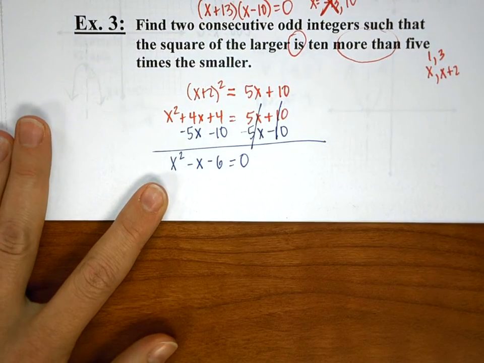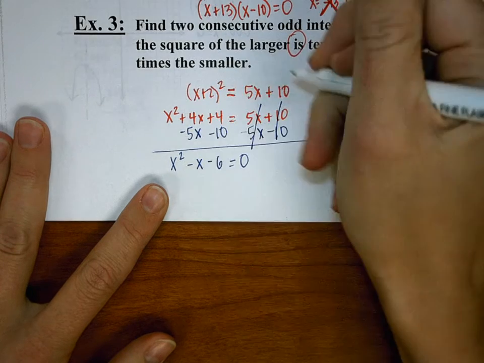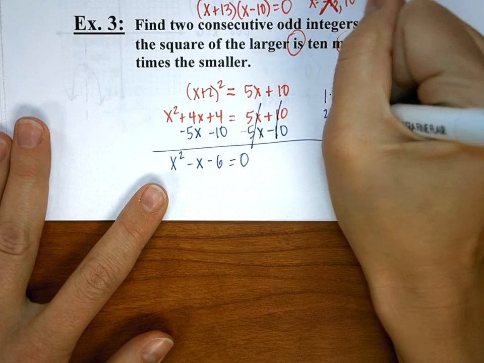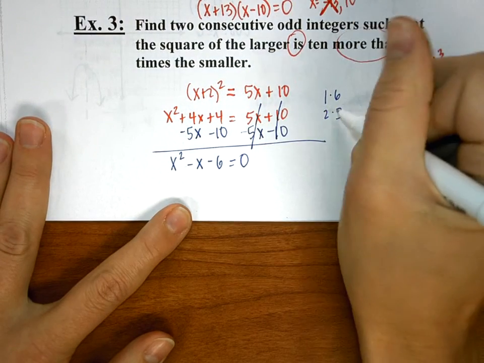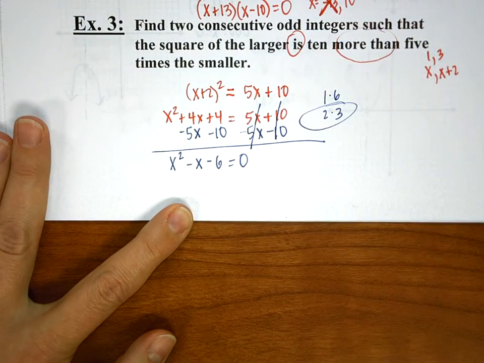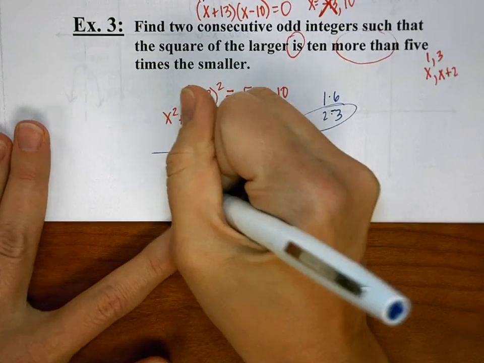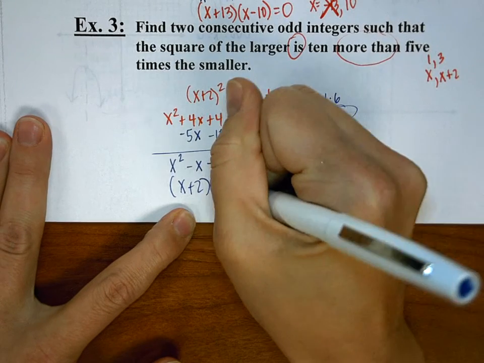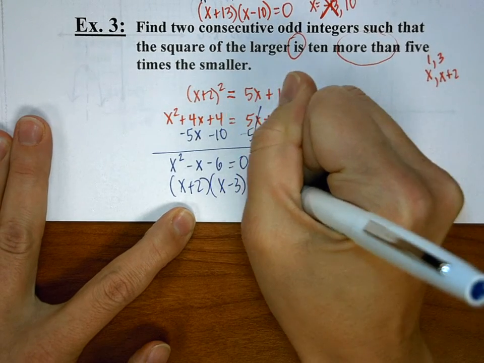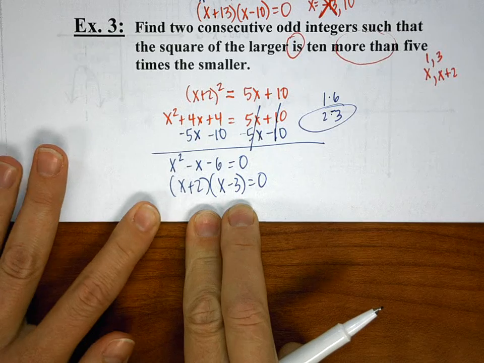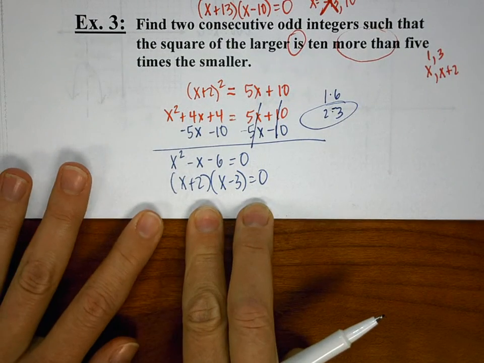What you have to be careful about is the numbers that multiply to be 6 are 1 and 6 and 2 and 3. Okay, but in order to make a negative 1, it'll be 2 and 3, and which one is going to be negative? 3. Okay, so I end up getting x plus 2 times x minus 3 equals 0. Those do multiply to be negative 6 and add to be negative 1.